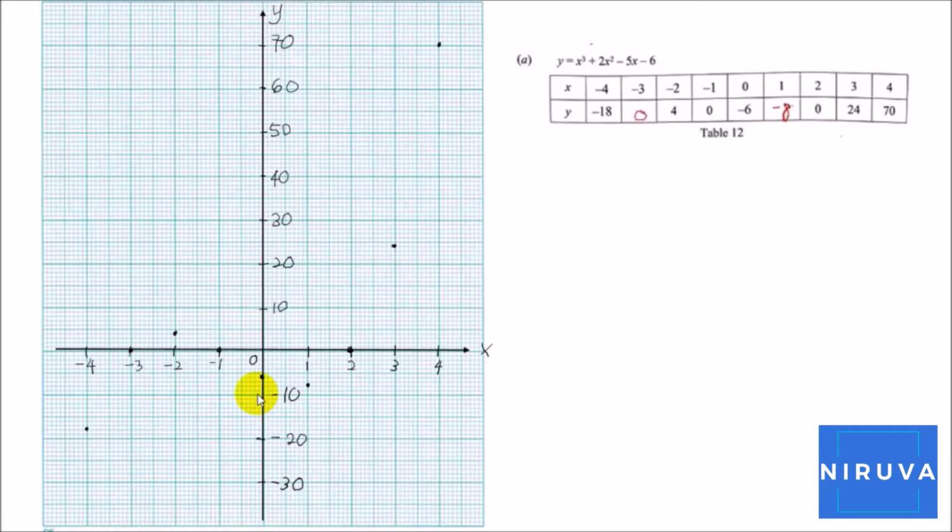Okay, now we can draw the graph. Make sure it passes through all the points that you plotted on the graph. Okay, done.